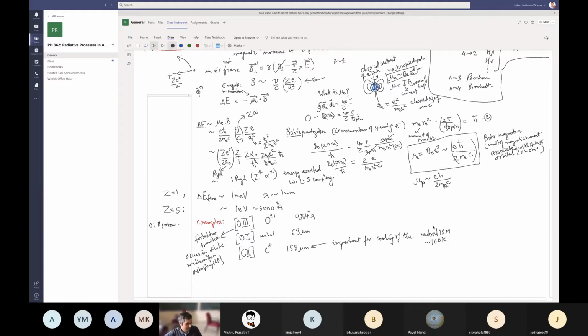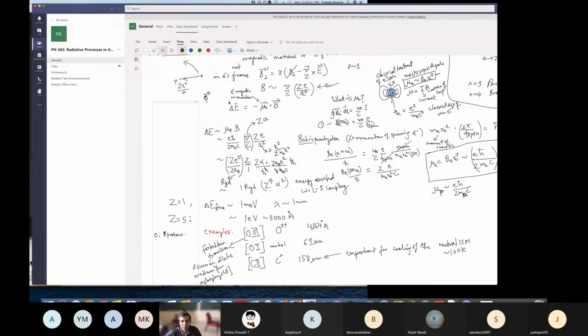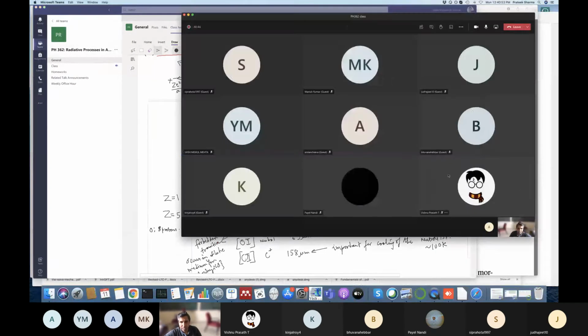So this is about fine structure. Any questions? I'm giving a very quick introduction to this subject, but you must have done fine structure and LS coupling in some course previously. Here I'm giving you a more physical and classical treatment.